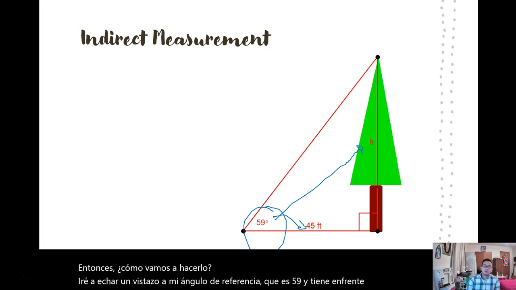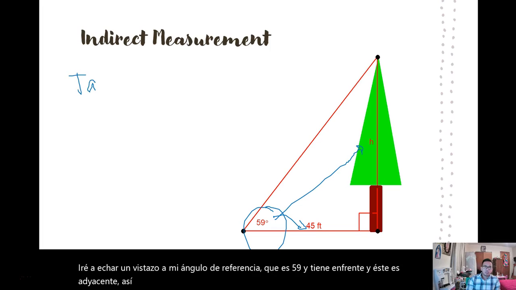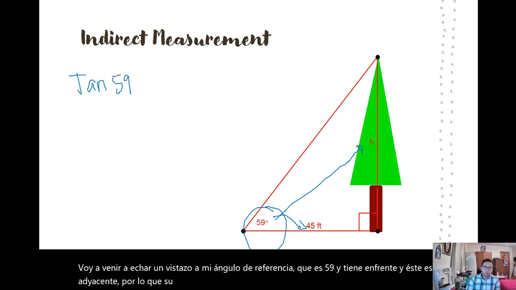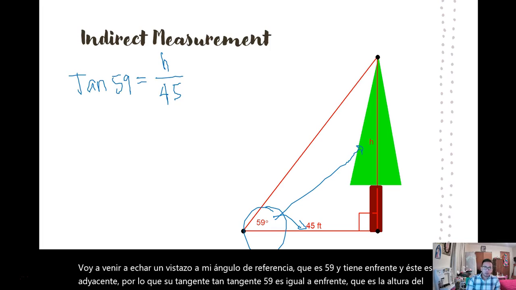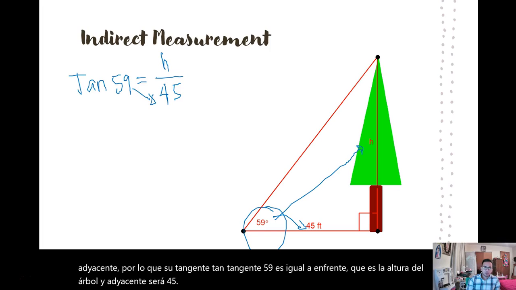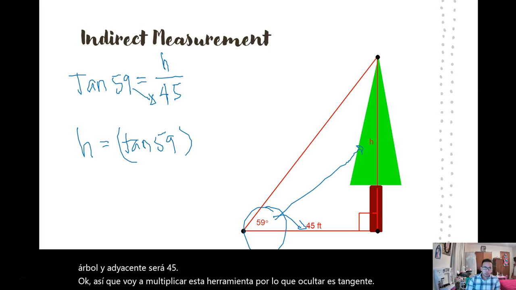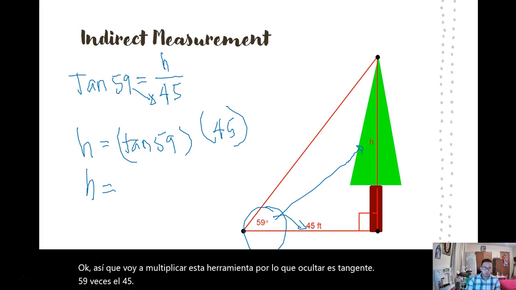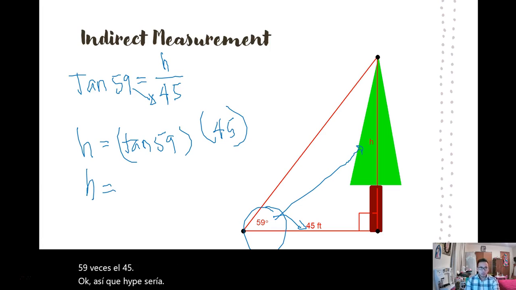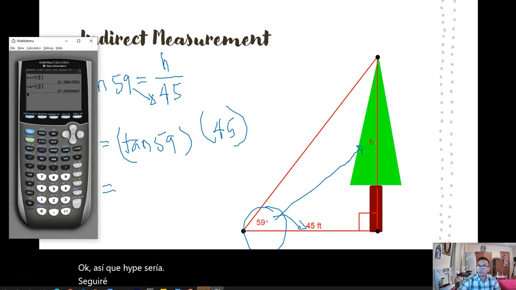and this one is adjacent. So it's tangent. Tangent 59 is equal to opposite, which is the height of the tree, over adjacent, which will be 45. So I'll just multiply these two. So height is tangent 59 times 45. I'll check with my calculator here.